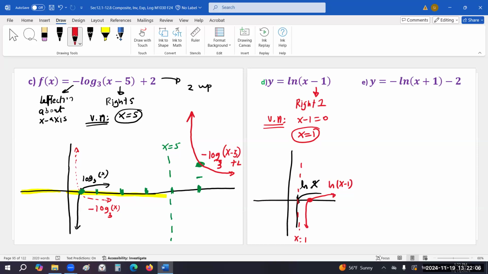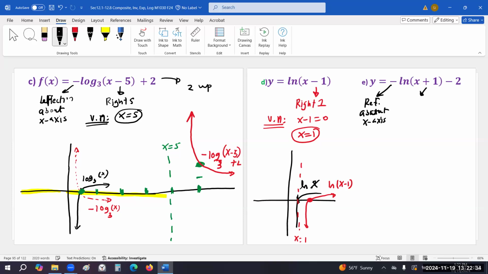Did all of you have the same graph? Did you draw the same graph? You do? Yeah. Great. Now the next one, who would like to try? Angel, go ahead. Reflection about x-axis.